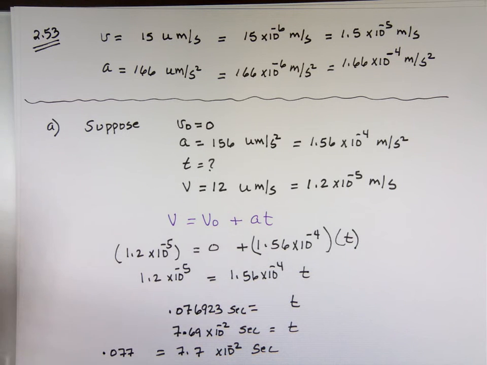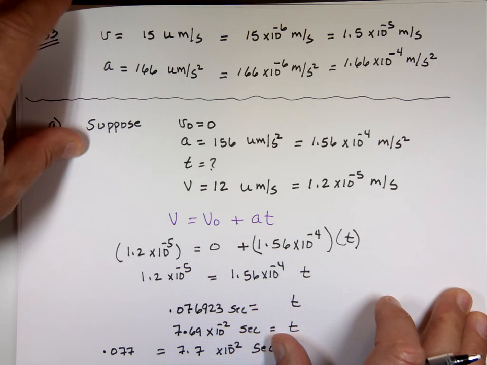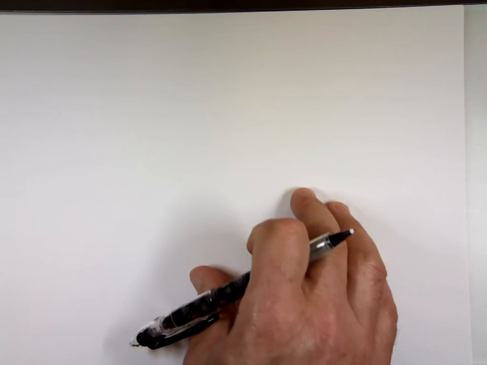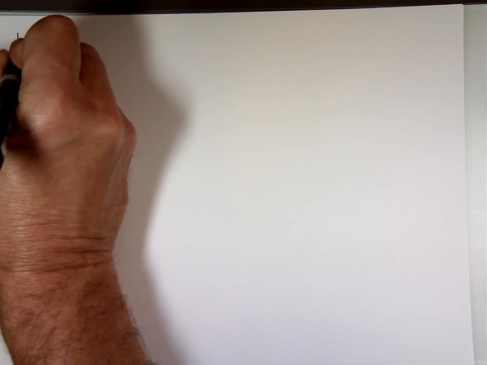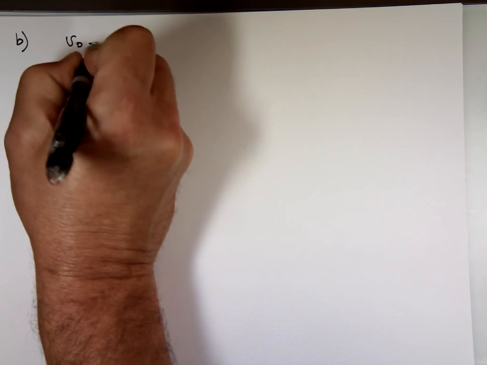The next question is for part B, same one. What is the distance traveled required to reach that speed? What's the distance? So part B here. Again, we know the initial velocity is equal to 0.